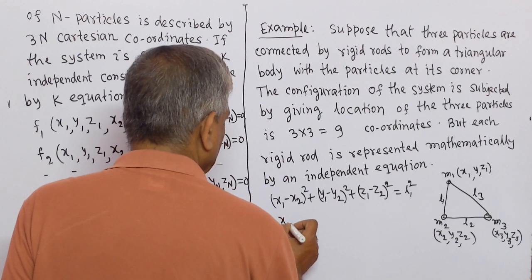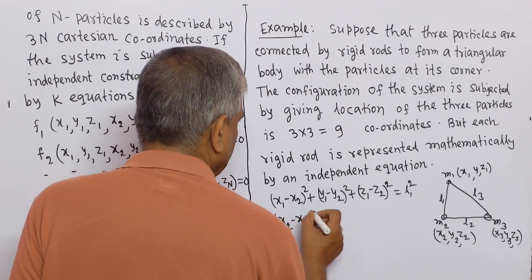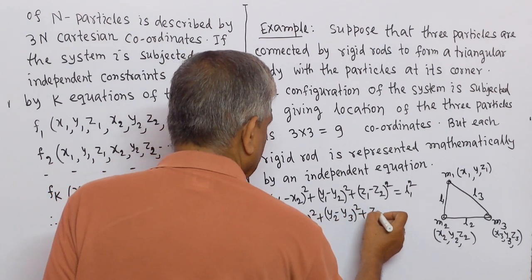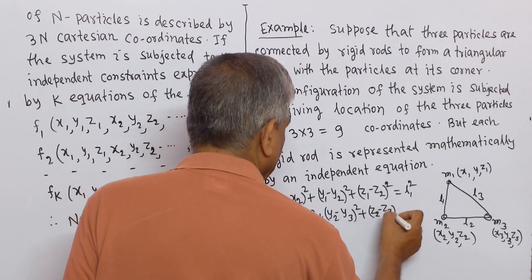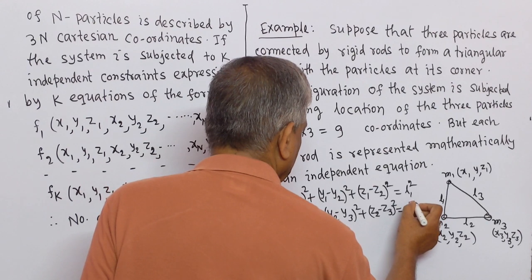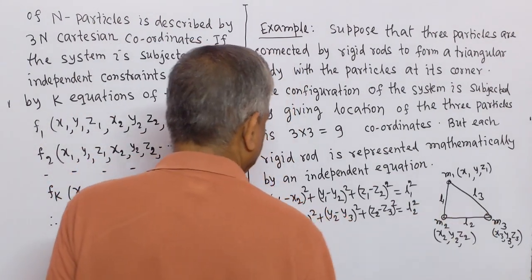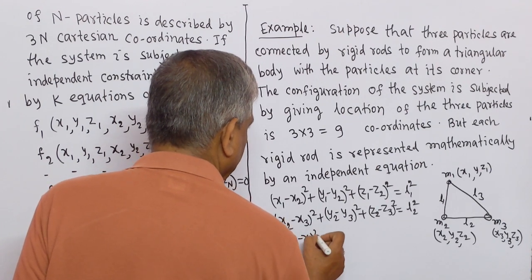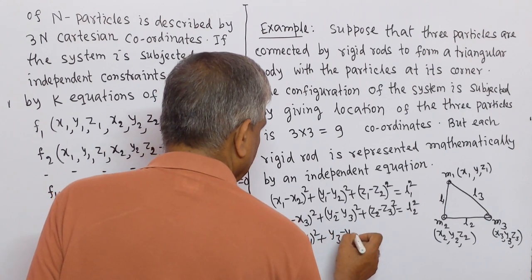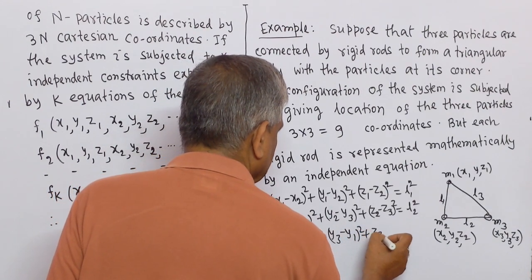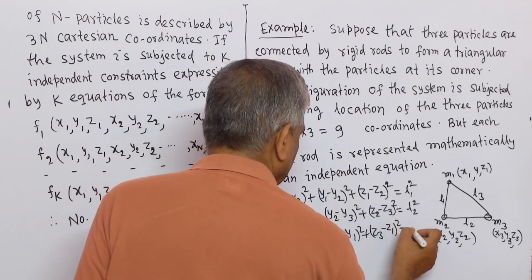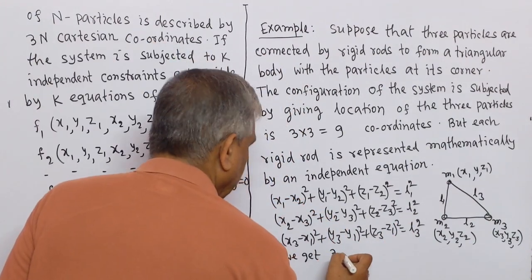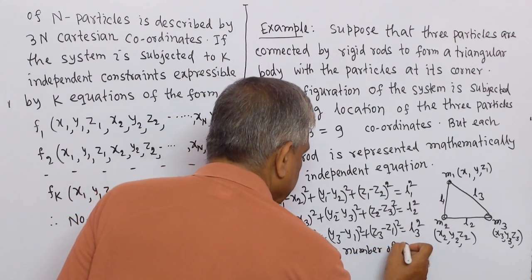Similarly, (x2 minus x3) whole square plus (y2 minus y3) whole square plus (z2 minus z3) whole square is L2 square, the length of the second rod, and (x3 minus x1) whole square plus (y3 minus y1) whole square plus (z3 minus z1) whole square is equal to L3 square. So we get 3 constraint equations.